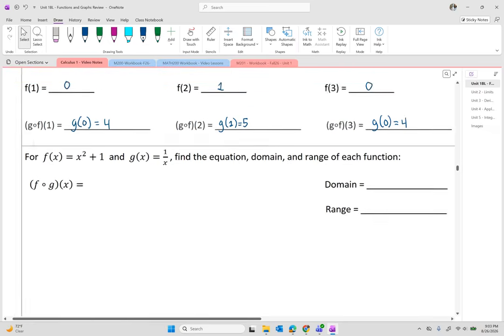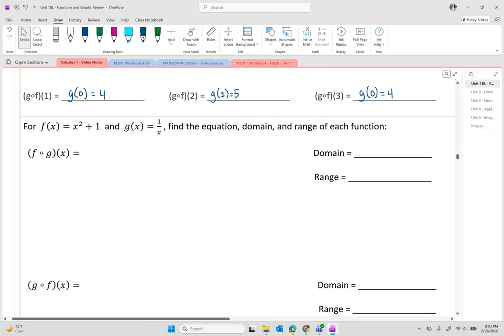Now algebraically, when we have a function f of x equals x squared plus 1, and g of x equals 1 over x, and we want to find the equation, the domain, and the range of the composite function f circle g of x, what we will do is find the composition f of g of x.